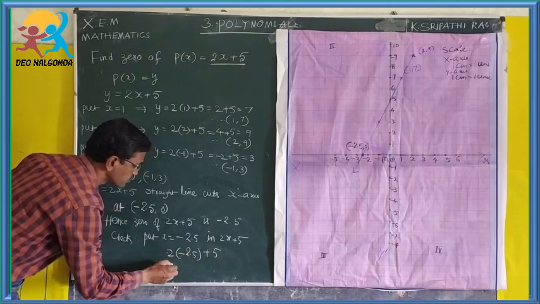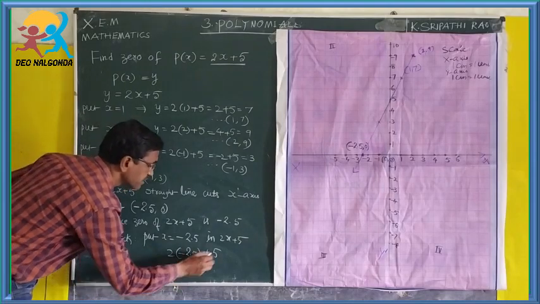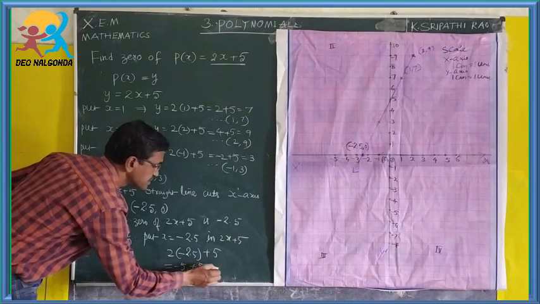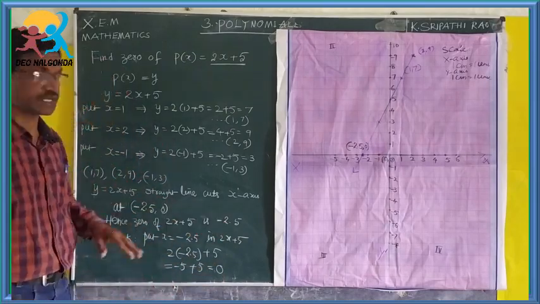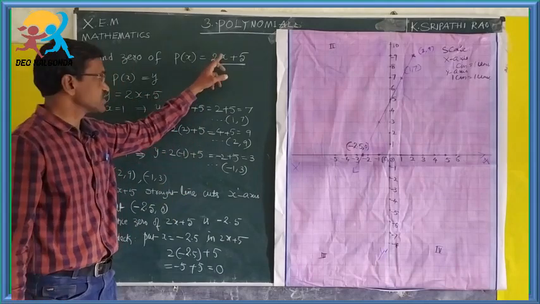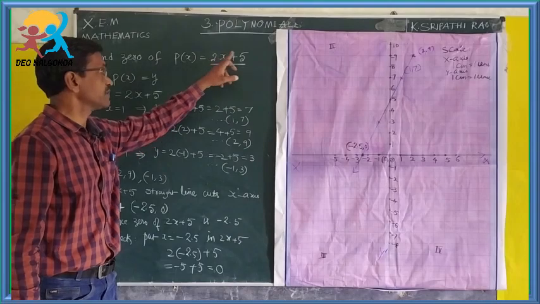By multiplying these two we will get minus 5. Minus 5 plus 5 is 0.